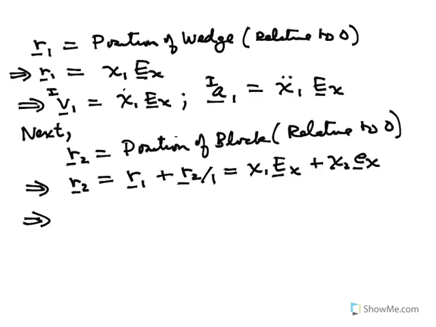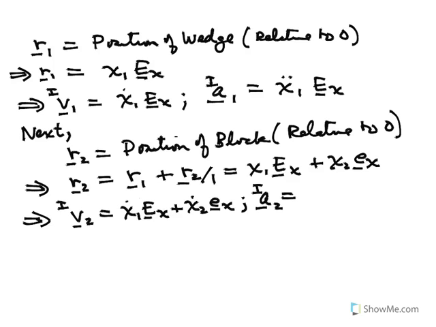Therefore, the velocity of the block is equal to x1 dot Ex plus x2 dot little ex, and then the acceleration of the block is equal to x1 double dot Ex plus x2 double dot little ex.